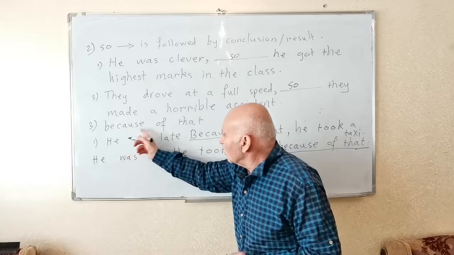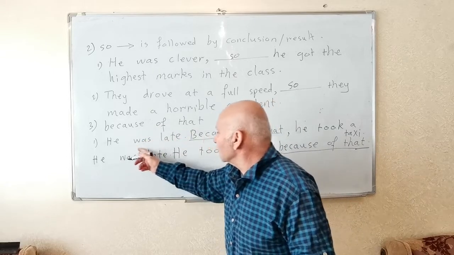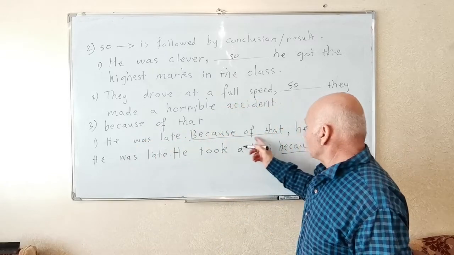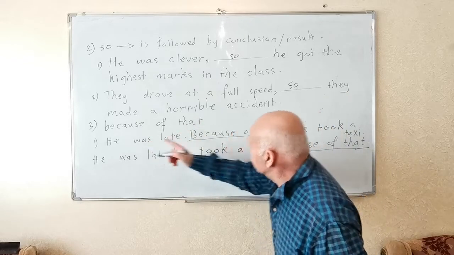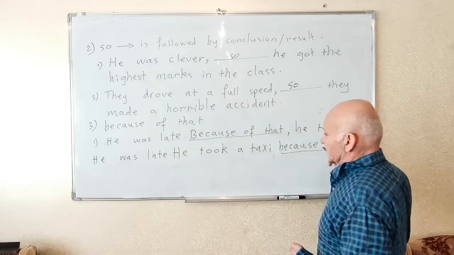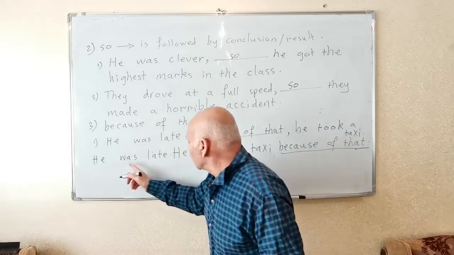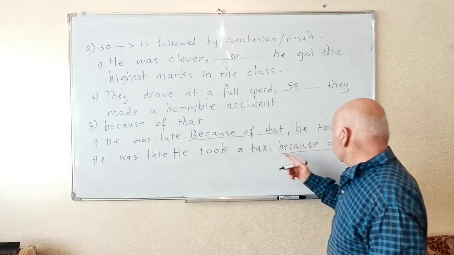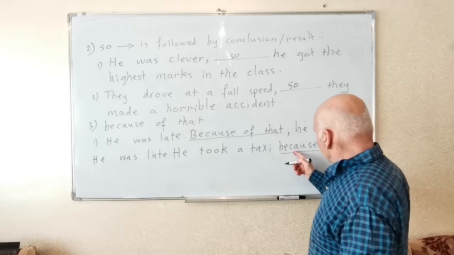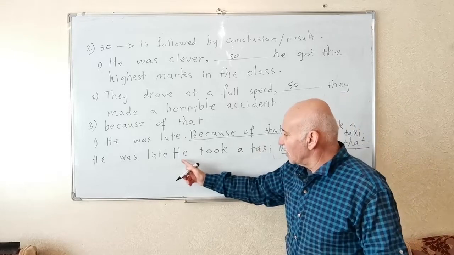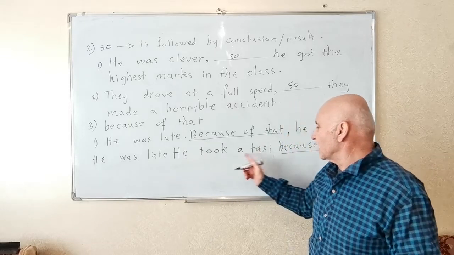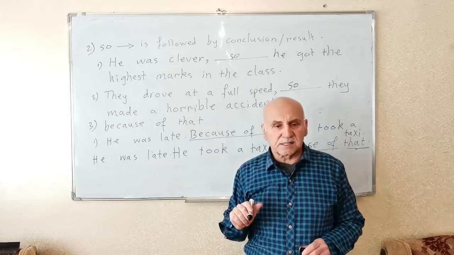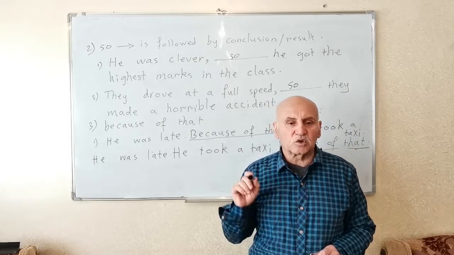Again: he was late. Because of that, because of the reason, he took a taxi. Number 2: he was late. He took a taxi because of that. Because of that is preceded by a reason. He took a taxi. And this is the end of Unit 12.